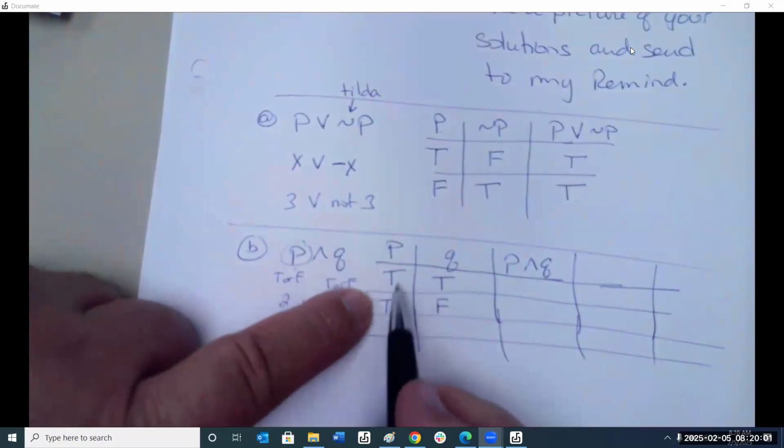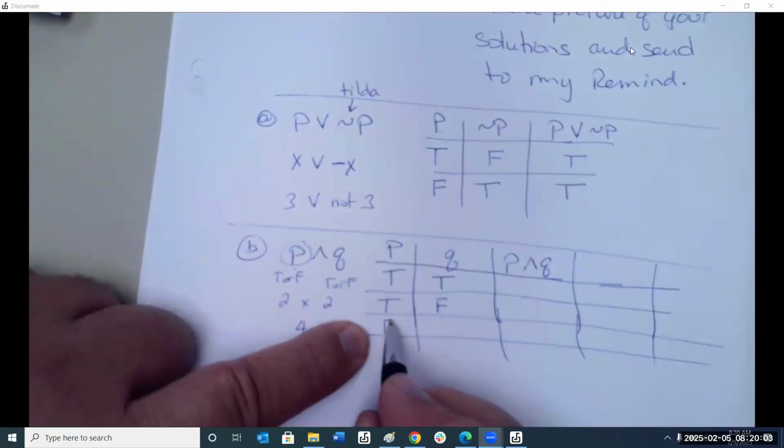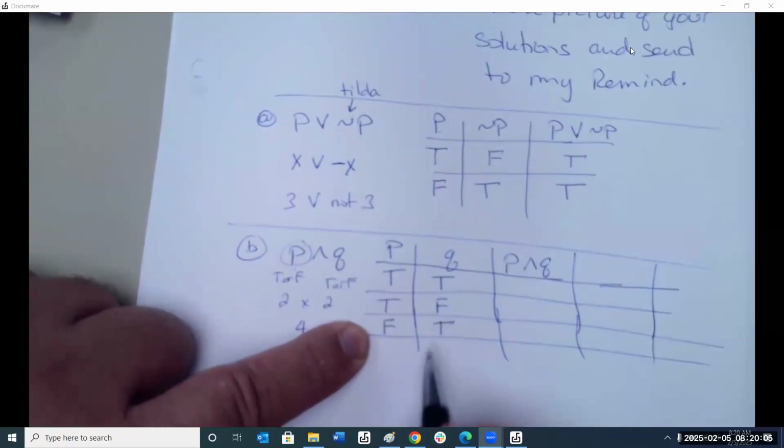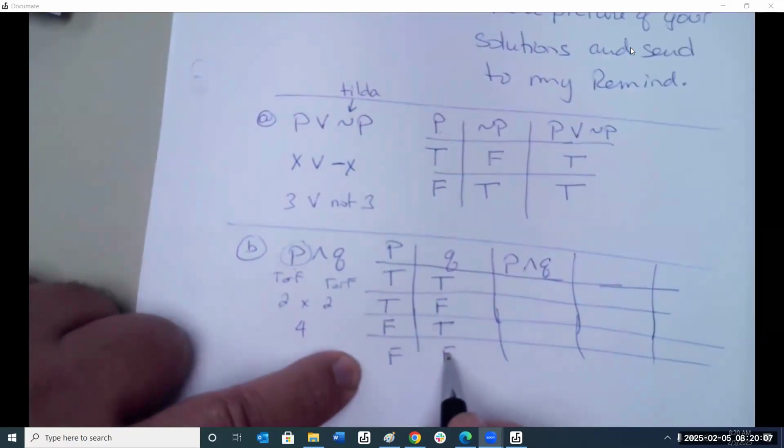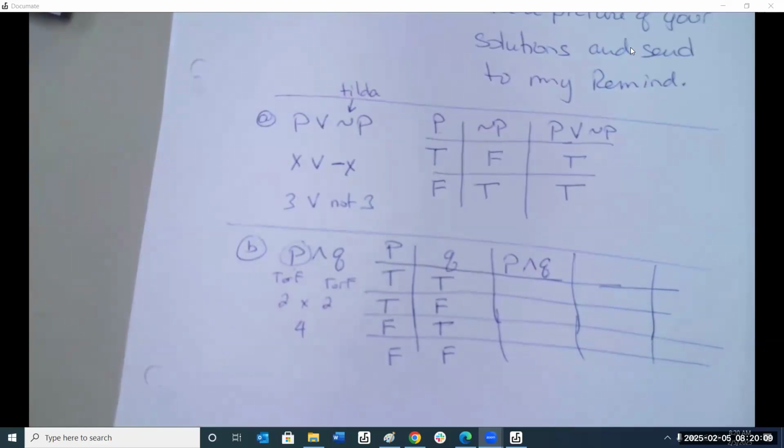So now this one can't be true anymore, so it can be false. This one could be true, false, and false. Keep it in some logical order where it's always the same. Because I saw some students turning stuff around, and it's always mixed up. It's not wrong. It's just that if you do that, then you can easily get confused on what you have to do from each column.